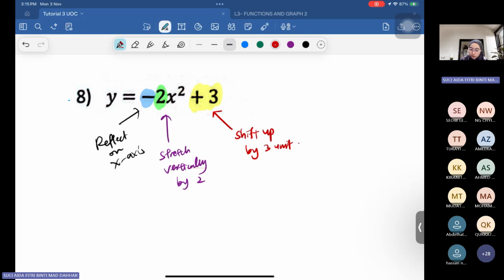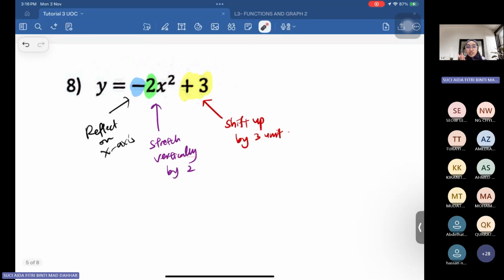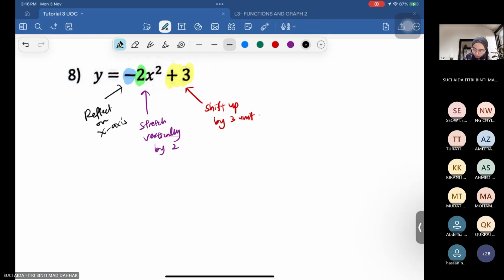Which one should you prioritize first? This two. This should be the last one. Shifting, or translation, should be the last one. You should prioritize stretching, compression, and reflection first, over shifting. Okay, let's do the original.